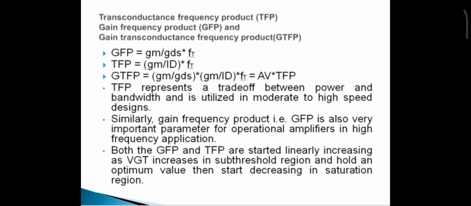Both the GFP and TFP start linearly increasing as VGT increases in the subthreshold region and hold an optimum value, then start decreasing in the saturation region. This means if you are increasing the gate overdrive voltage, first GFP and TFP start increasing, and after that they hold an optimum value and then start decreasing in the saturation region.